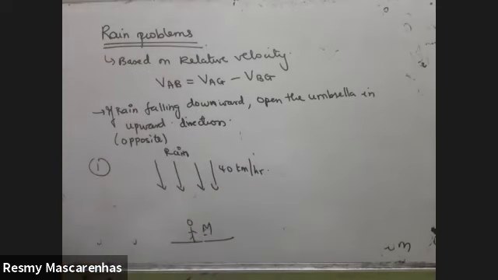And now we have to see in which direction he has to open the umbrella. So we'll calculate the relative velocity first, of the rain with respect to the man.